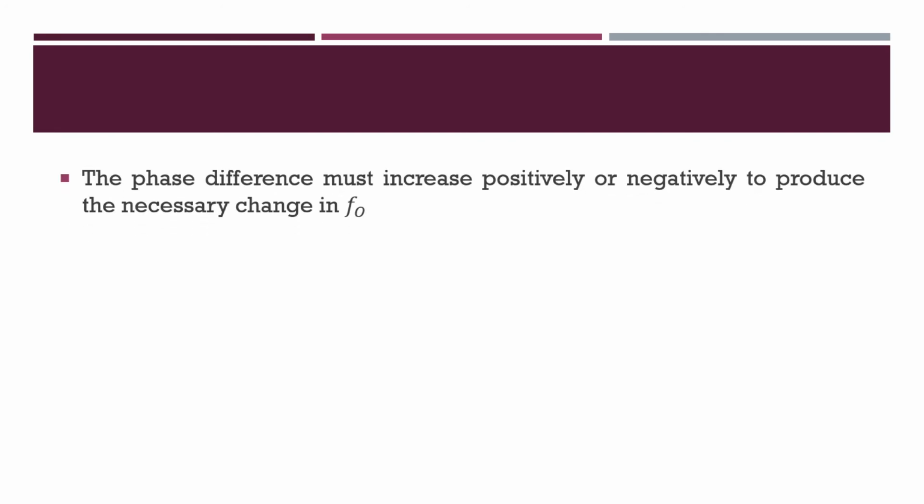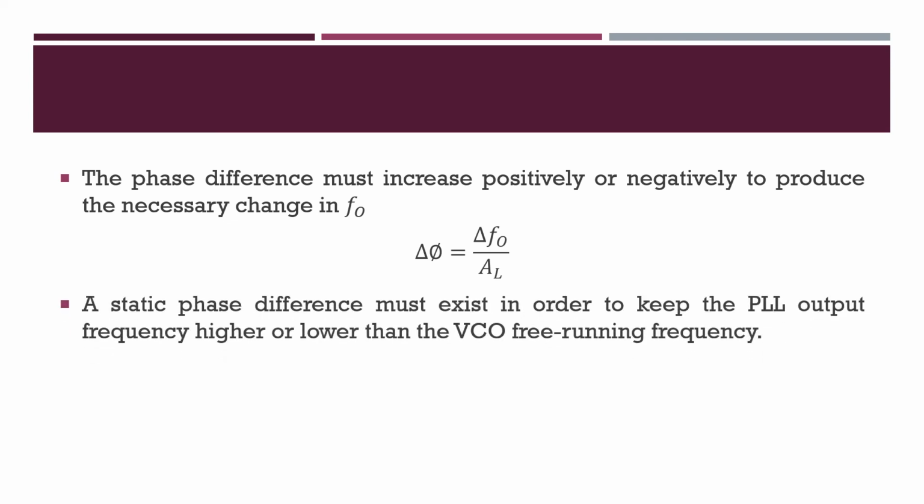The phase difference must increase positively or negatively to produce the necessary change in F0, that is, delta phi will be equal to delta F0 divided by AL. A static phase difference must exist in order to keep the PLL output at a frequency higher or lower than the VCO free running frequency. So this is one of the important parameters of a phase locked loop, that is, the loop gain of the system.